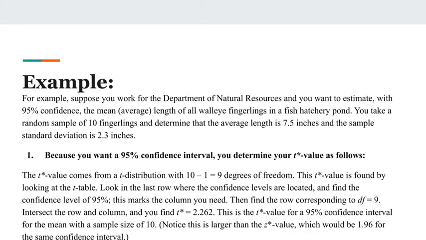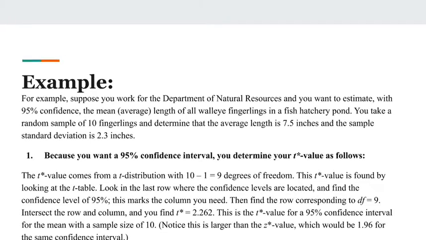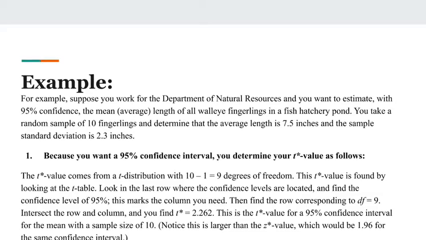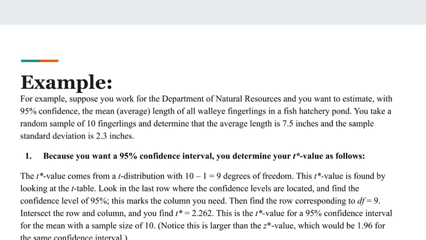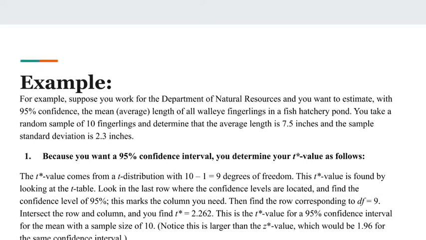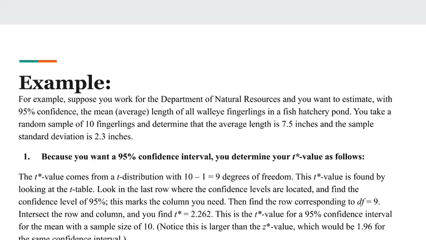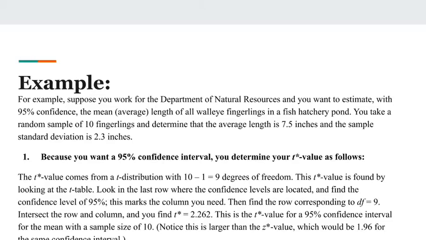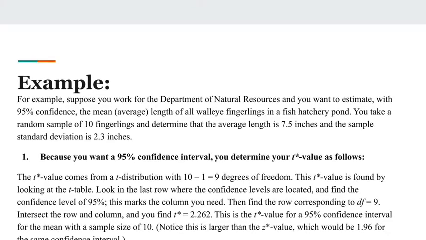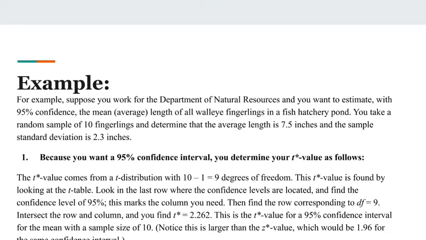Number 1. Because you want a 95% confidence interval, you have to determine your t-value as follows. The t-value comes from a t-distribution with 10 minus 1 equals 9 degrees of freedom. This t-value is found by looking at the t-table.